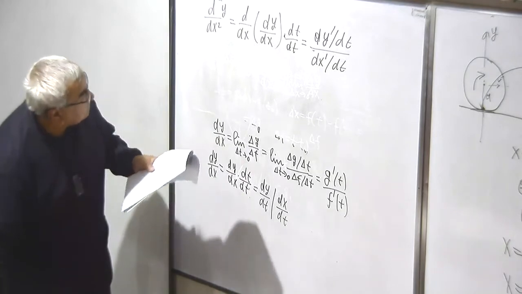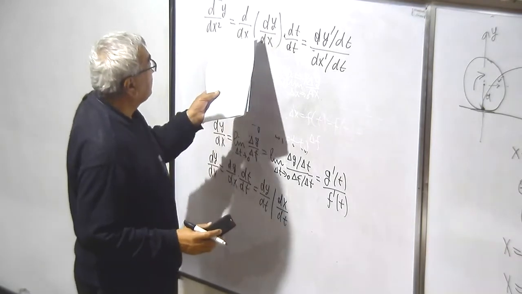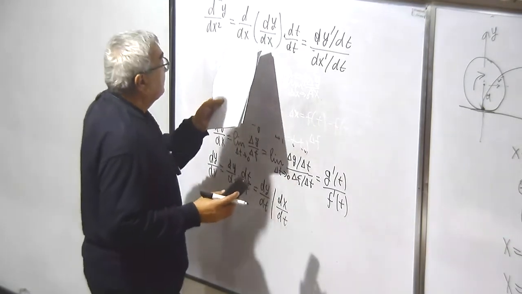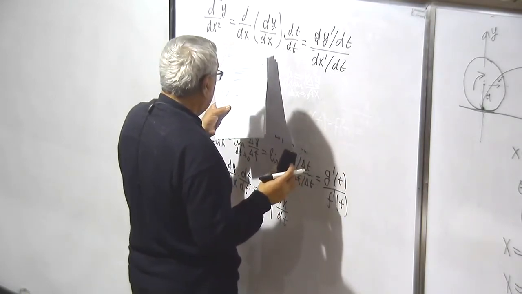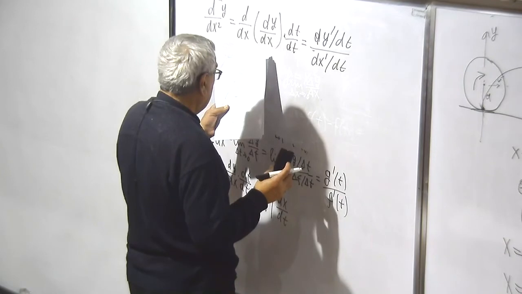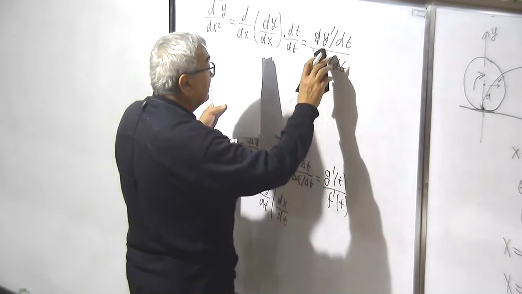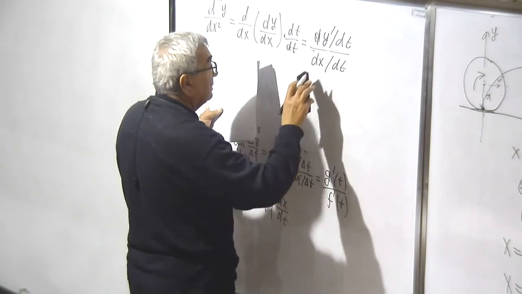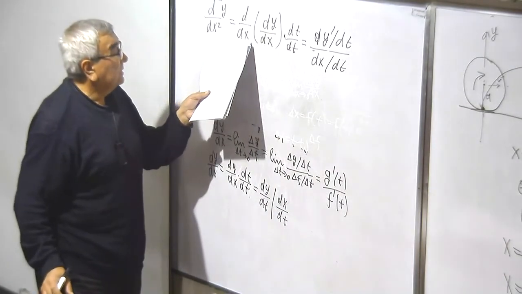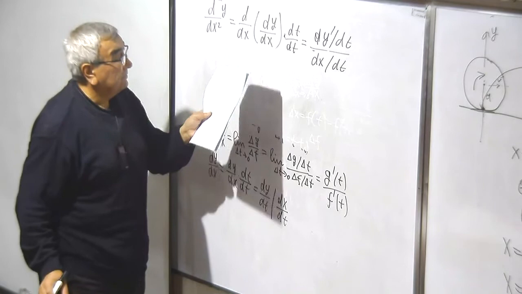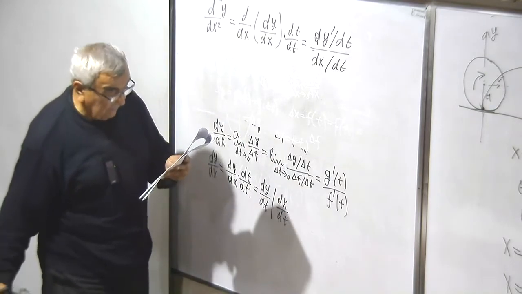Oh, sorry, here it's dx without prime, because from here I will take the derivative. That means the dy/dx.